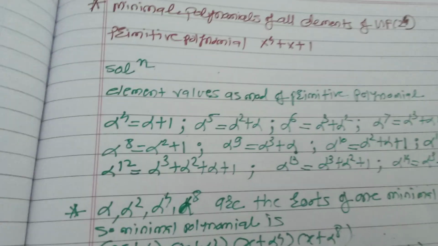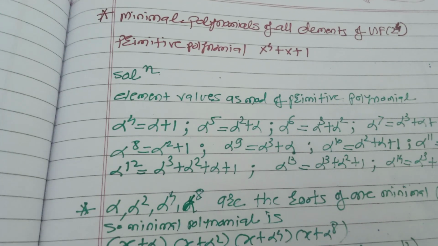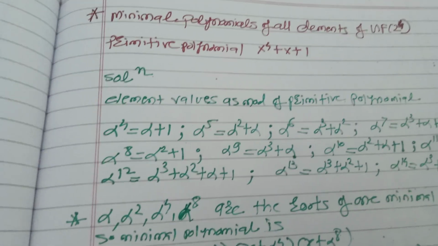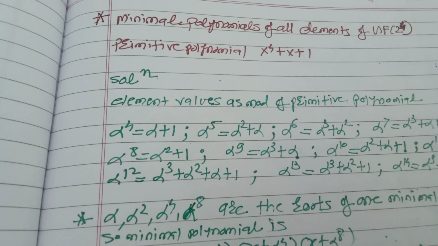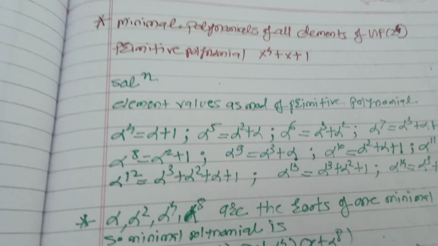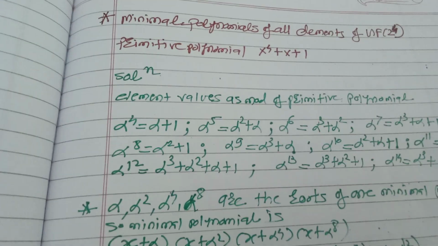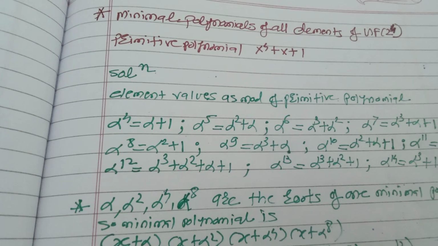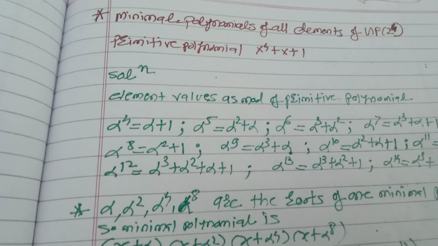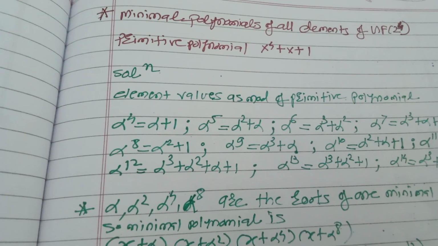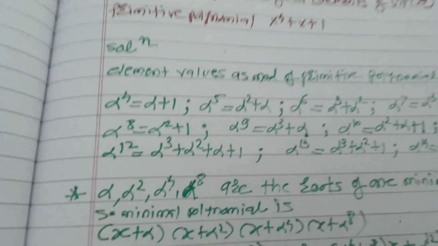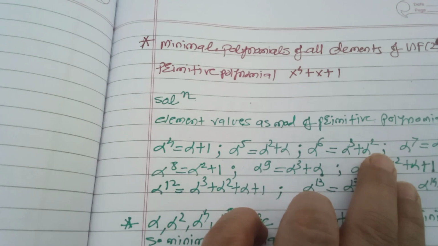That means you know that every field element can be expressed as a power of the primitive element. Suppose, for example, in Galois field 16 there are 16 elements: 0, 1, alpha, alpha square, alpha 3, alpha raised to 4, up to alpha raised to 14. If you divide alpha raised to 6 with x raised to 4 plus x plus 1, that is alpha raised to 4 plus alpha plus 1, then you will get a remainder, and that remainder is alpha cube plus alpha square.